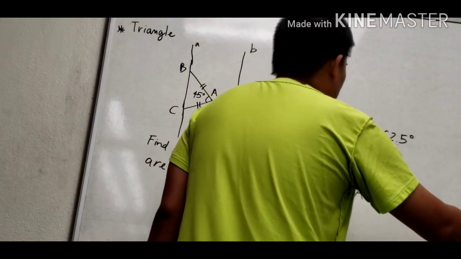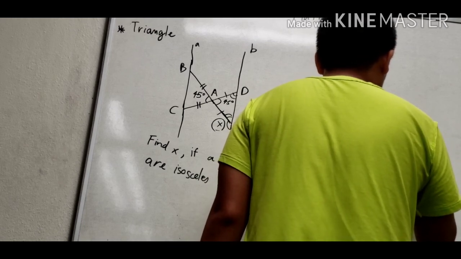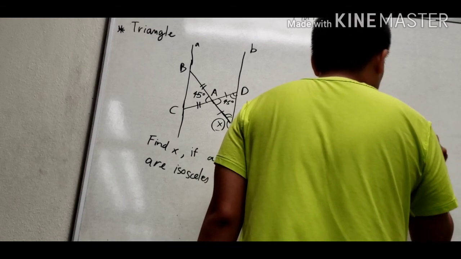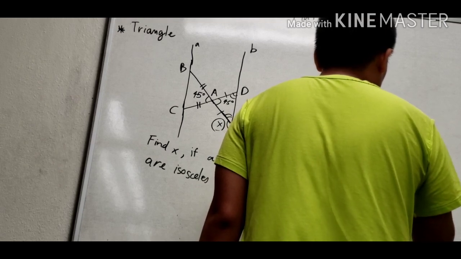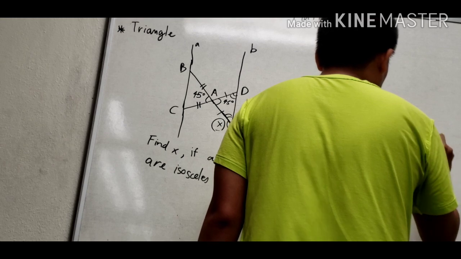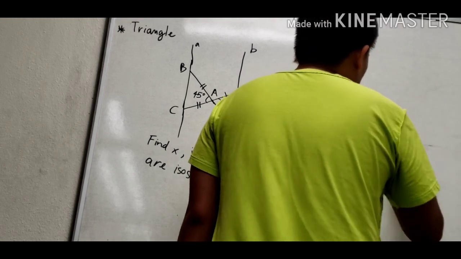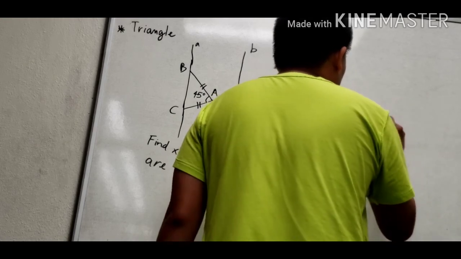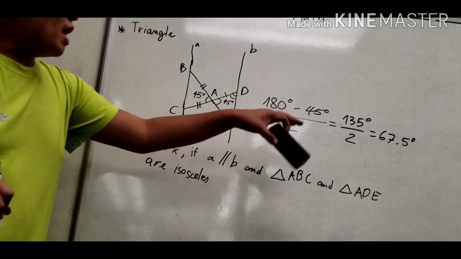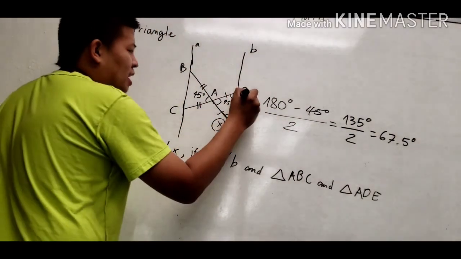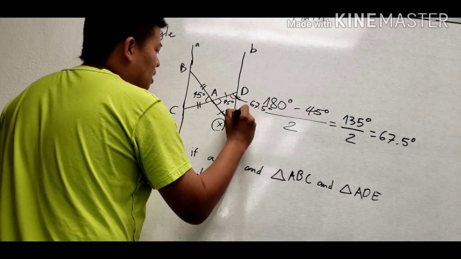Let me do the division. That is 67.5. 67.5 degrees is the angle D and angle E here.